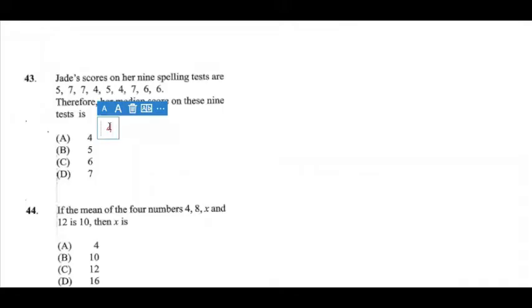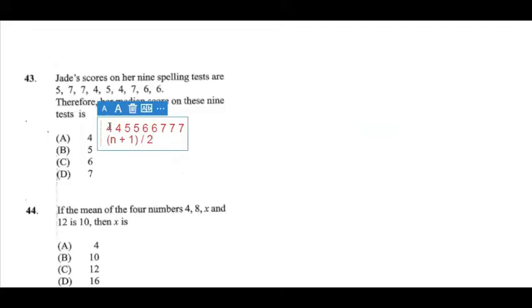So it is 4, 4, 5, 5, 6, 6, 7, 7, 7, and we can just look at the middle number. But also guys, the formula to identify the position of the middle number is n plus 1, all divided by 2, where n is the amount of numbers.